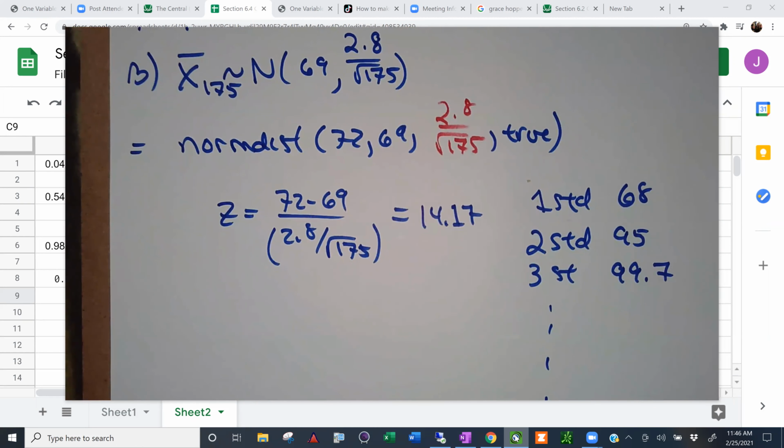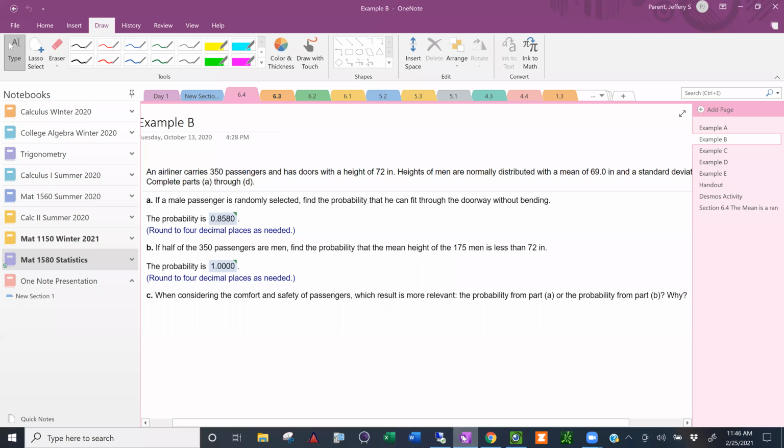All right. There's a part C to this as well. And this one's just kind of a thinking one. When considering the comfort and safety of passengers, which result is more relevant? The probability from part A or the probability from part B? Why? Which one is more relevant?